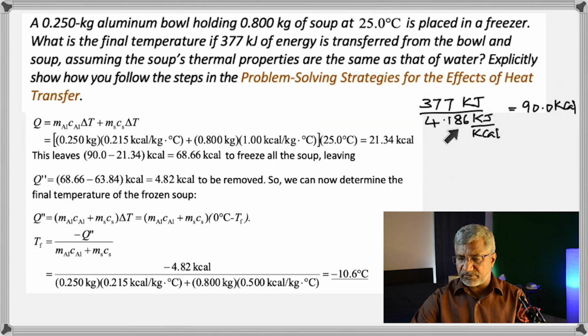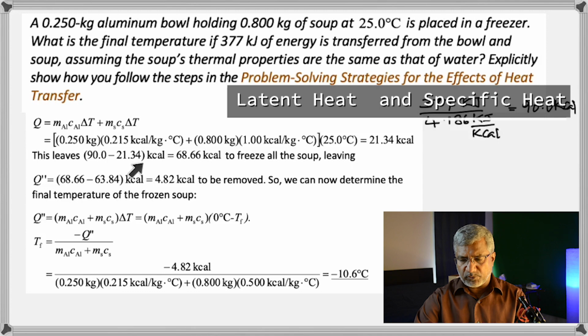Remember 377 divided by this was 90 kilocalories. Out of the 90 kilocalories, we have 21.34 kilocalories gone, leaving us with 68.66 kilocalories to freeze all the soup. Okay, so that means now you've got 68.66 kilocalories minus 63.84 kilocalories, which is 4.82 kilocalories to be removed.